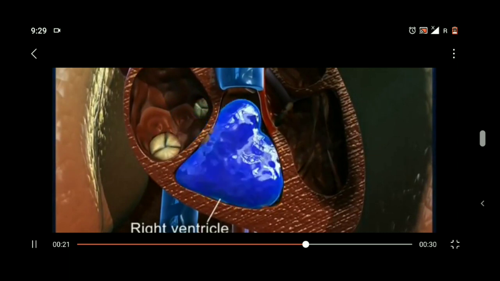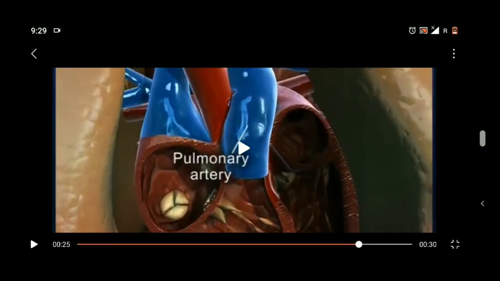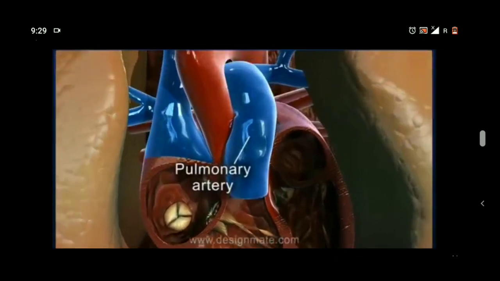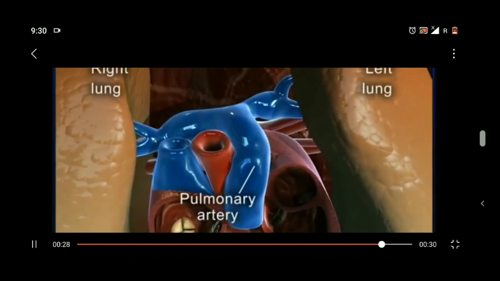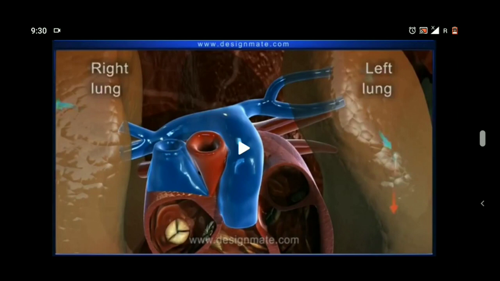Then the right ventricle contracts and pushes this deoxygenated blood into the pulmonary artery through the pulmonary valve. The pulmonary artery later splits into two and enters into each lung.